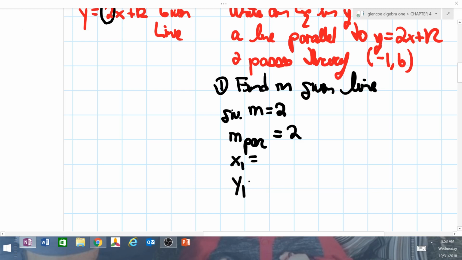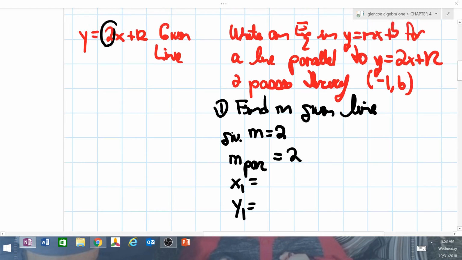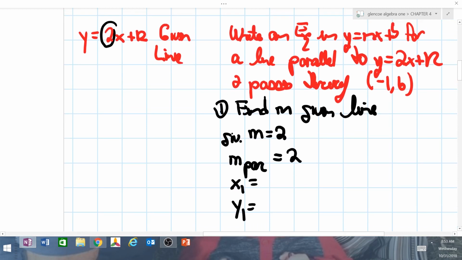That's the only part of the puzzle that changes from what we've done over the past few days. So find the slope of the given line. If it's in y equals mx plus b form, as this one is, it's easy to identify that the slope is 2. Correct? Yes? Okay. Then look and see what the question is asking.